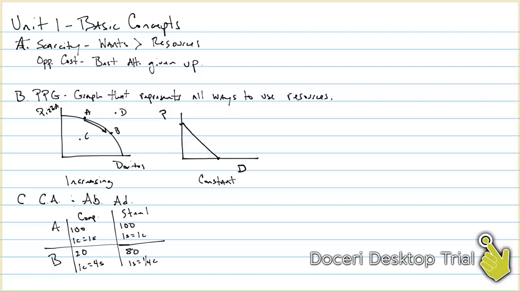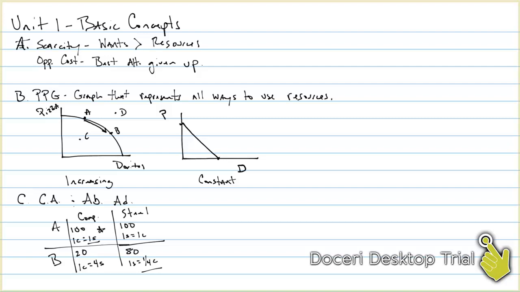You just need to know what comparative advantage is. So, if I look at my math here, country A has the comparative advantage in producing computers because 1 steel is less than 4 steel. And country B has the comparative advantage in producing steel because 1/4 computer is less than 1 computer.